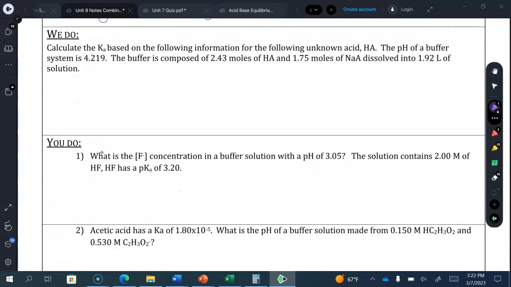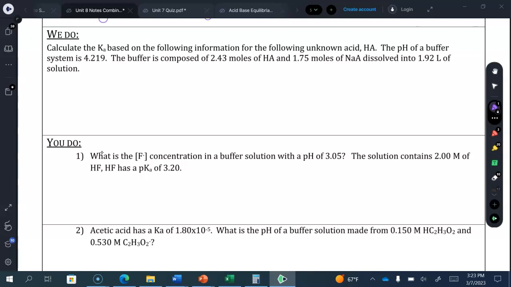Okay. Now, for our redo, calculate the Ka based on the following information for the following unknown acid HA. Sorry, there were a lot of followings in there. The pH of a buffer system is 4.219.